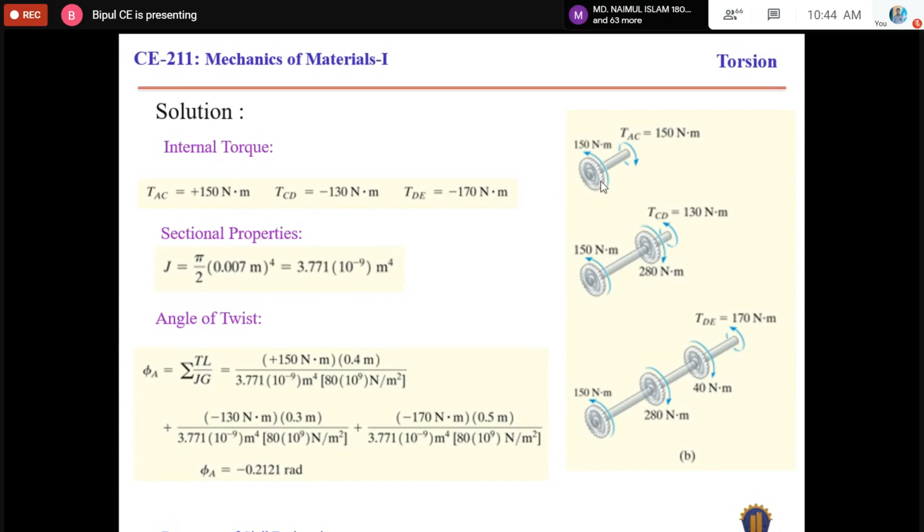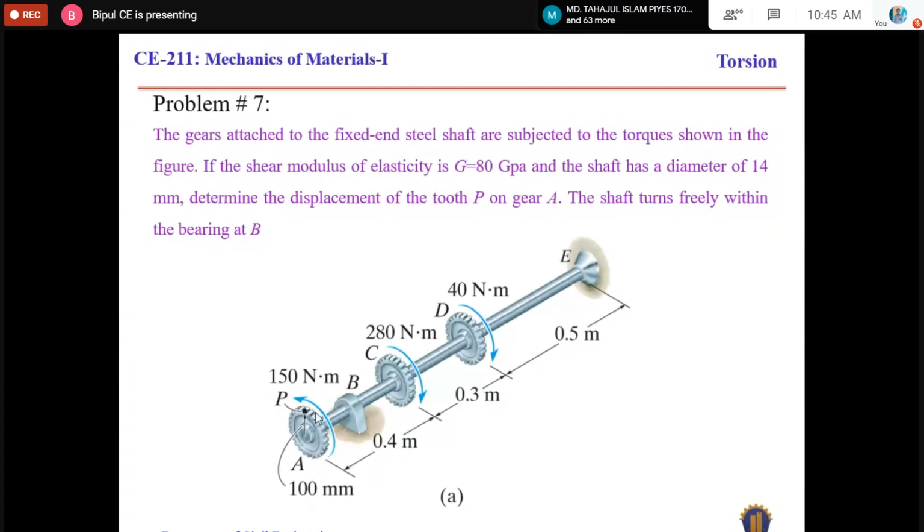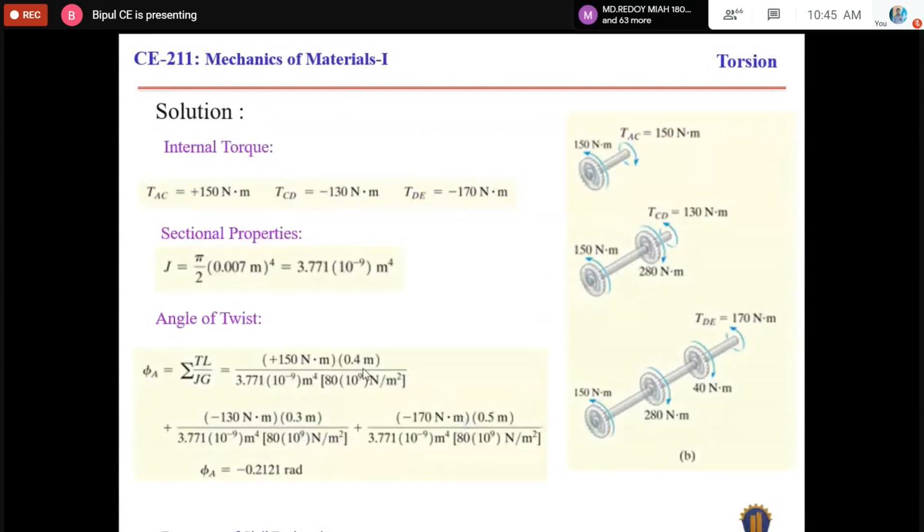So from A to C, the developed torque is 150, so that is positive 150, and the length is 0.4. Here from A to C the length is 0.4, C to D is 0.3, and D to E is 0.5. So this is the length, this is the J, and G is also constant along the length, that is 80 GPa.